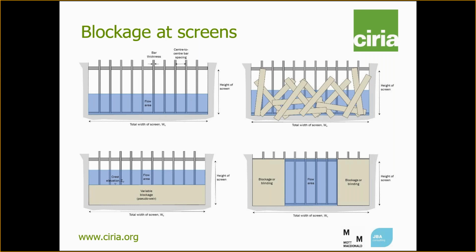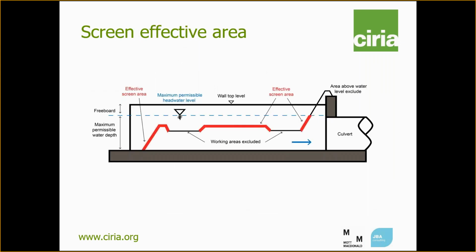We can see orifice flow when the screen opening area is less than the culvert inlet area, and submerged flow at the screen is combined with free flow in the culvert. If you're not sure which kind of blockage and flow type you're going to have at a screen, then it's sensible to assess both blinding and permeable blockage and see which has the worst impact on flows and water levels.